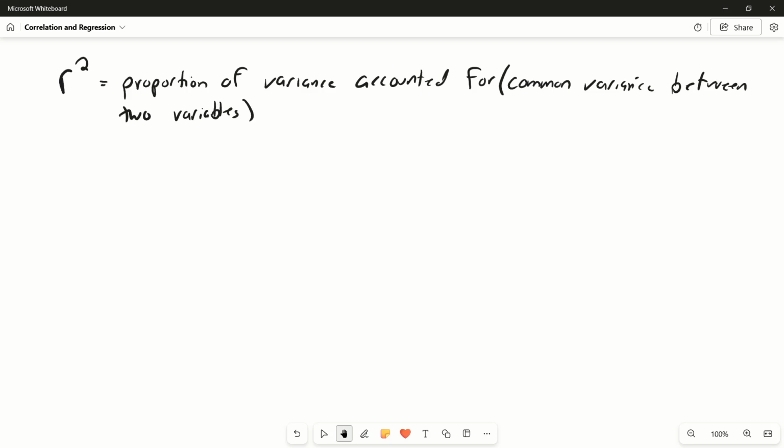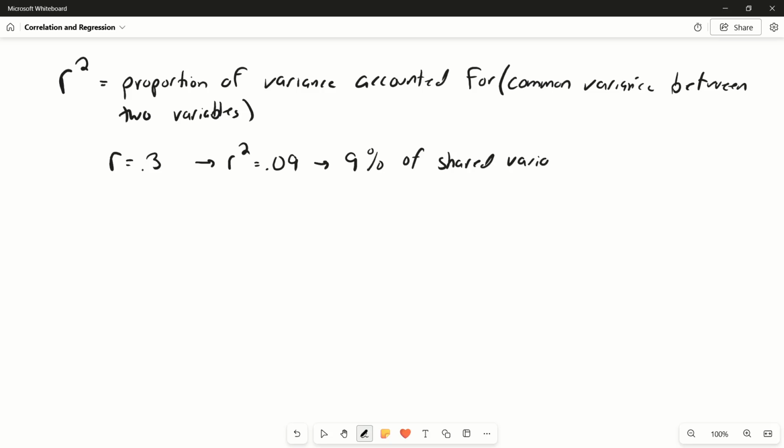This is R squared. So if your R is 0.3, which is a fairly small to borderline moderate correlation, your R squared would be 0.3 squared, 0.09. And if you interpret this as percent, it's 9% of shared variance.